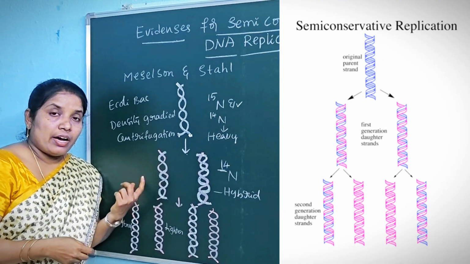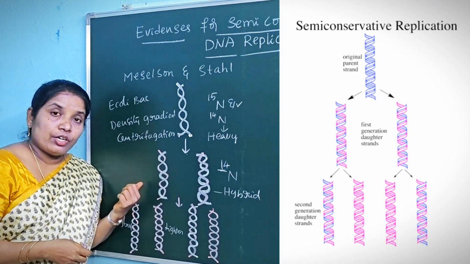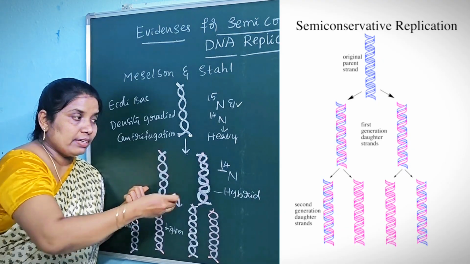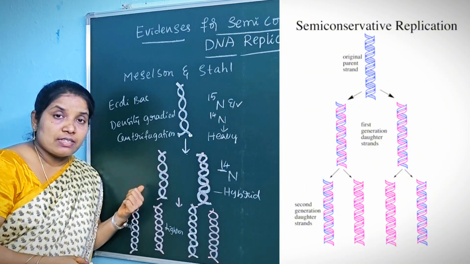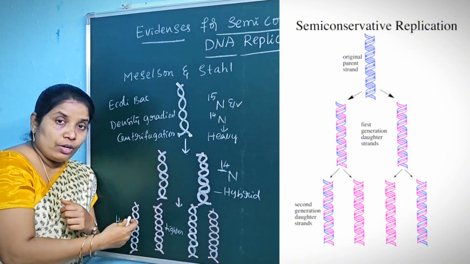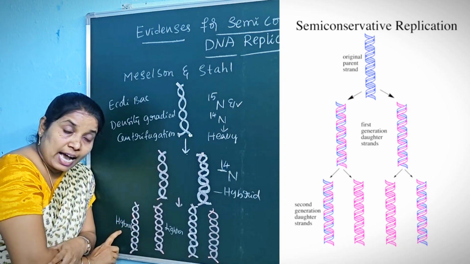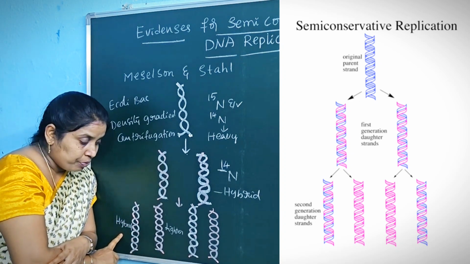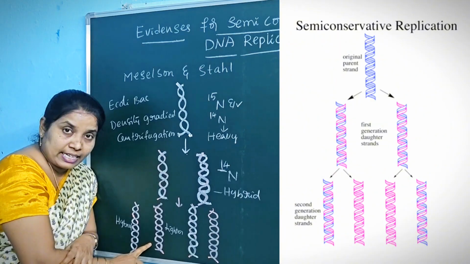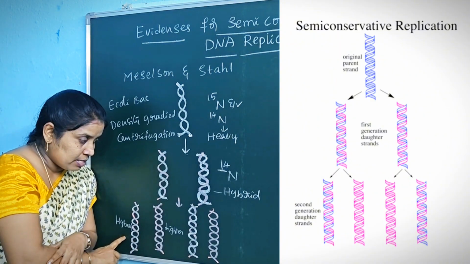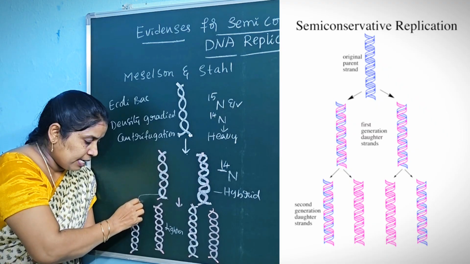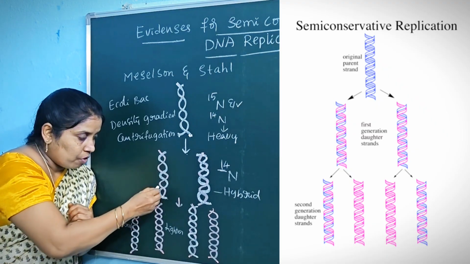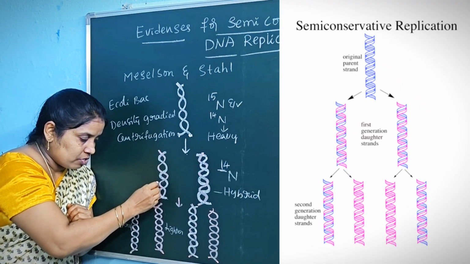Then they were isolated and grown in the medium containing N14 again. Now the next replication cycle occurs. So here we get one hybrid DNA and one lighter DNA. Hybrid DNA has one higher density strand and one lower density strand.